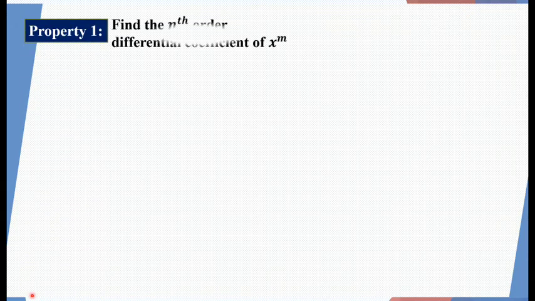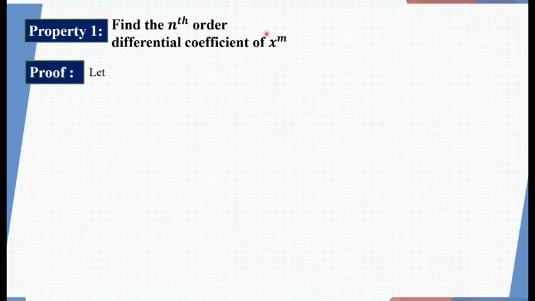Property 1: find the nth order differential coefficient of x raised to power m. So how do we find the nth order differential coefficient? We first let y equal x raised to power m. According to the successive differentiation phenomena, we first find the first derivative, then the second, then the third, then the fourth, then there will be a symmetry, and according to the symmetry we can prove it.